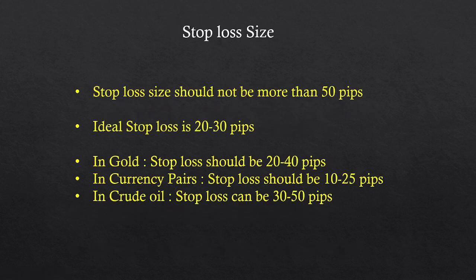Stop loss. Now, when I see different people, their stop loss is 60 pips, 80 pips, 90 pips. That's bad. Stop loss should not be more than 50 pips. Ideally, it should be 20 to 30 pips. If a currency pair moves 60 to 80 pips, or 100 pips a day, and gold moves 150 pips a day, how can you put a stop loss of more than 50 pips, like 80 pips?